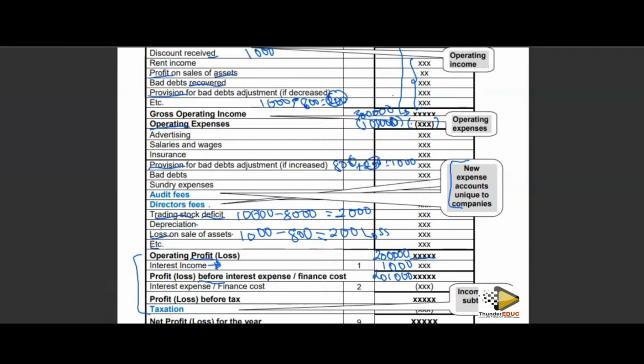Now, we go to the interest expense itself. Remember, this is before interest expense. Now, we are on the interest expense, or finance cost. What is this? Remember, when you get a loan, this is the opposite of interest income. With that one, we are receiving money. With this one, we are paying out money. When you get a loan from the bank, you can't take this loan for free.